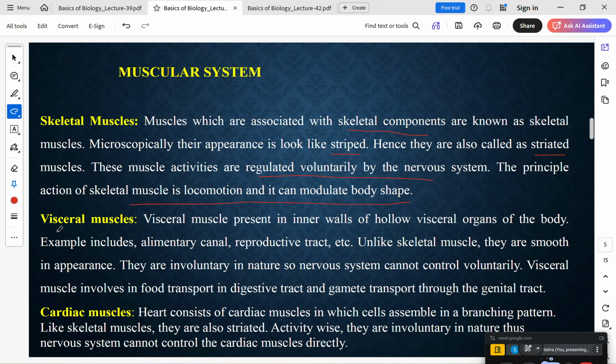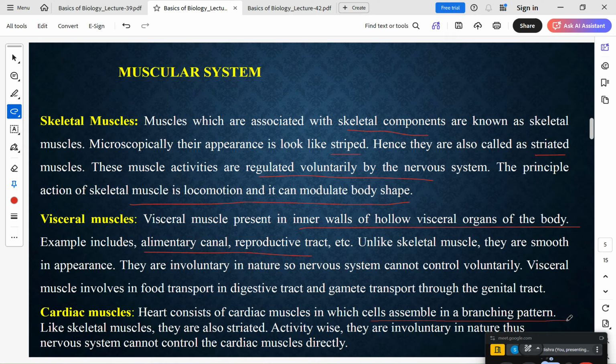Next are the visceral muscles. They are present in the inner walls of visceral organs of the body. Example, alimentary canal, reproductive tract, etc. They are not voluntary, they are involuntary in nature, and they are mostly responsible for transport of various things within the body. Next are the cardiac muscles, which make up the heart.